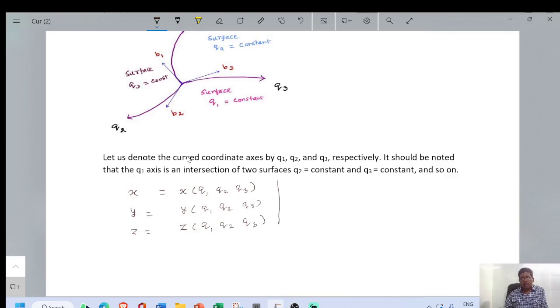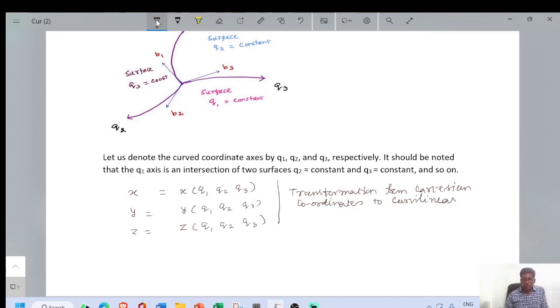These are all transformation from Cartesian coordinates to curvilinear.